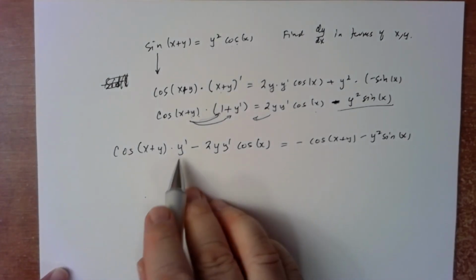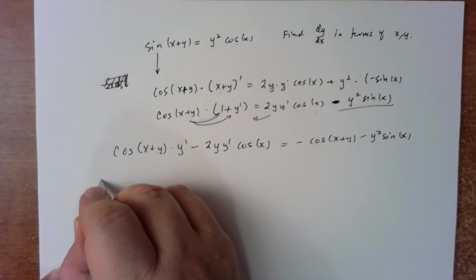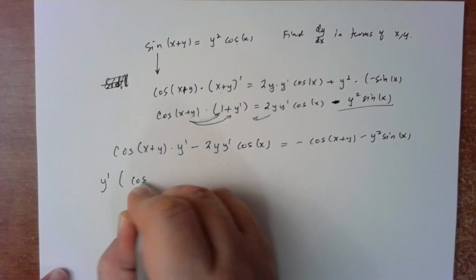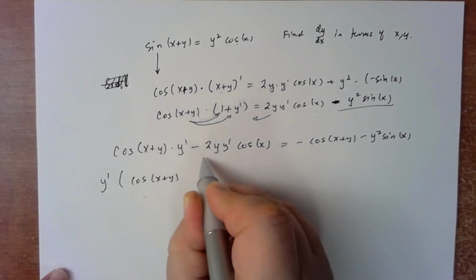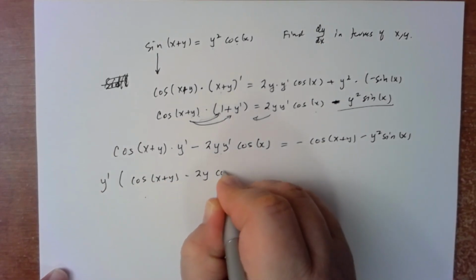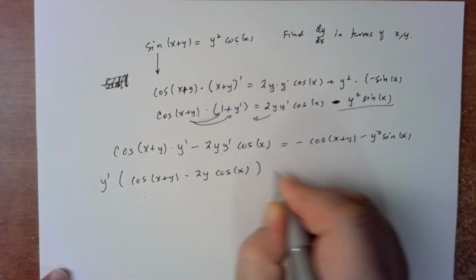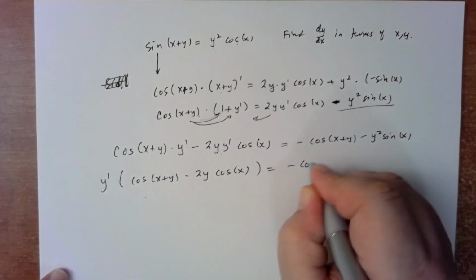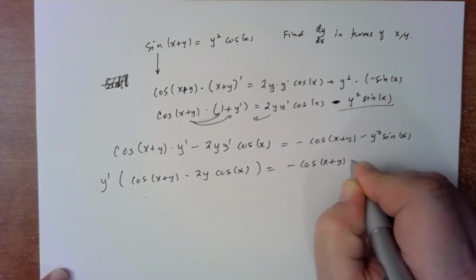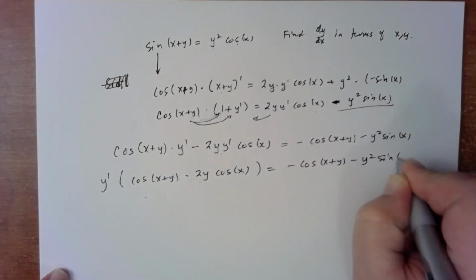Good. Factor out the y prime. So I have y prime times cosine of x plus y minus 2y cosine of x. And I still have this as my numerator over here, y squared sine of x.